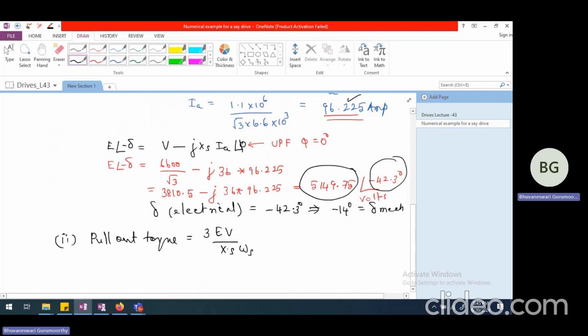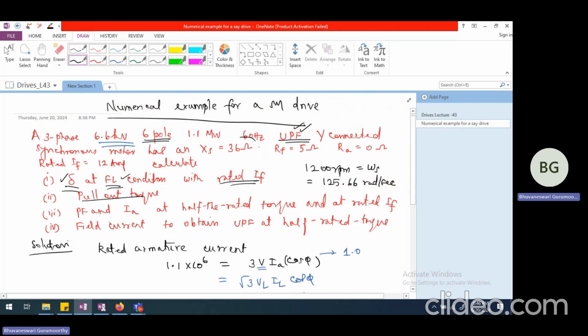This has to be divided by omega S. So in this particular case, E happens to be 5149.75. And V happens to be 3810.5. This divided by X S is 36, right? Because synchronous reactance is given to be 36.